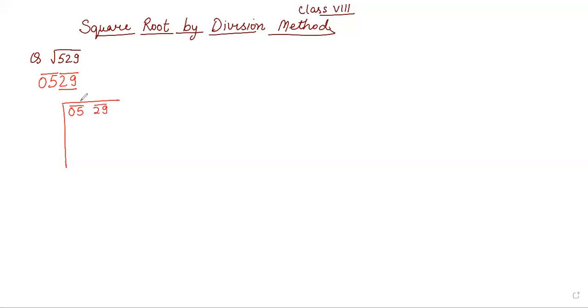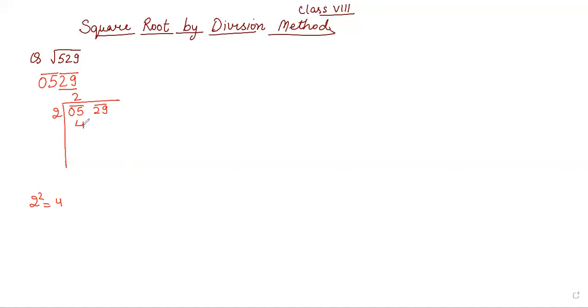Find the largest number whose square is less than or equals to the number under the extreme left bar, which is 5. So we know 2 square is 4 and 4 is less than 5. So write 2 as divisor and the quotient, and 2 square is 4.